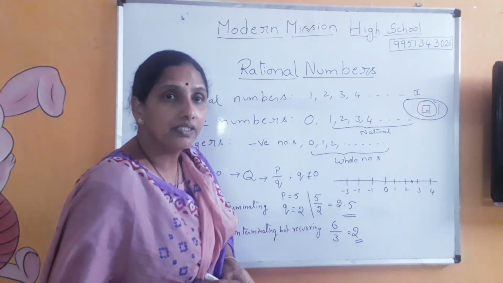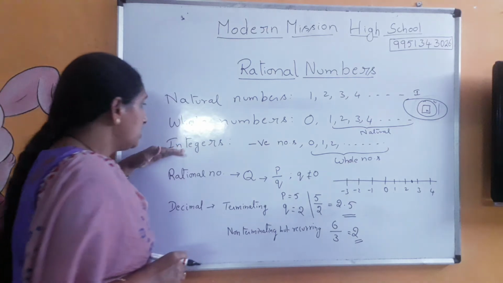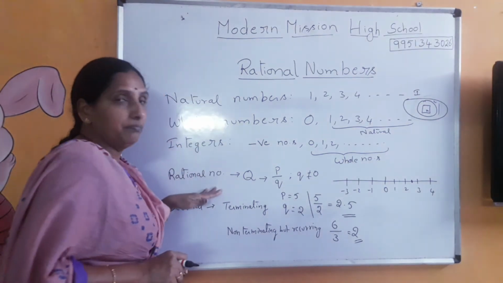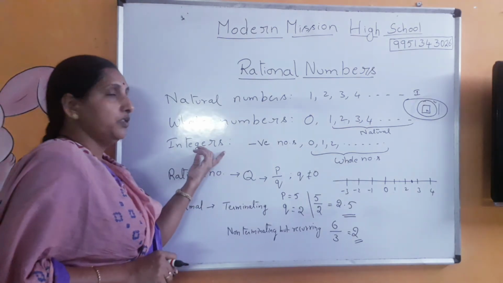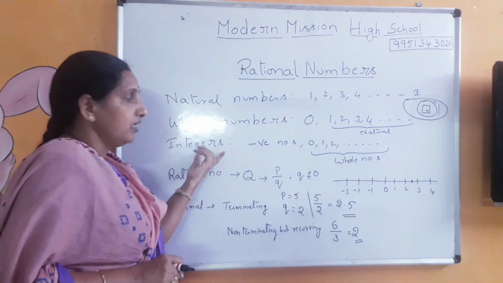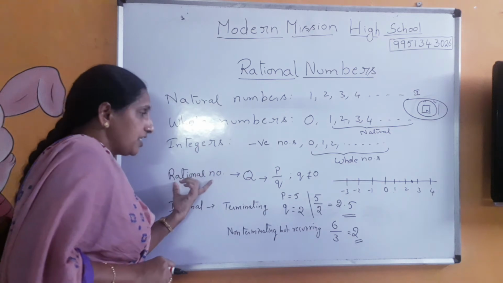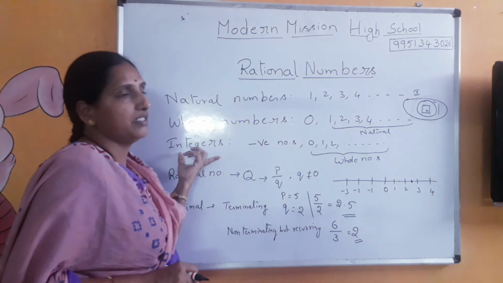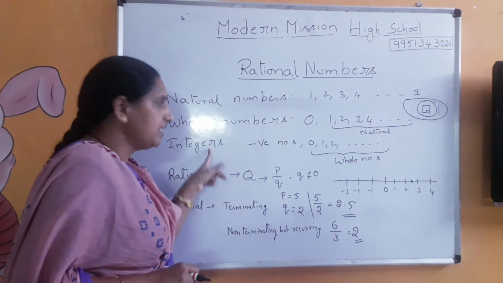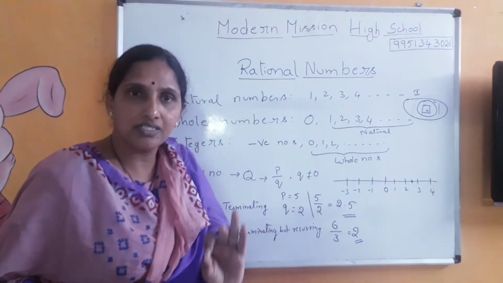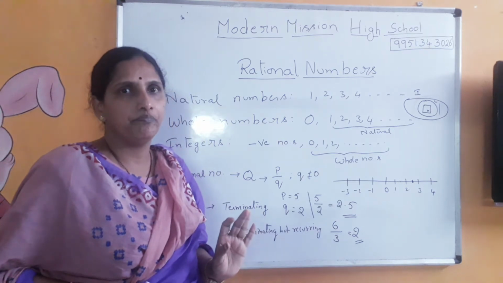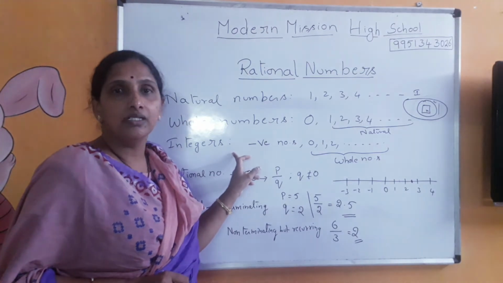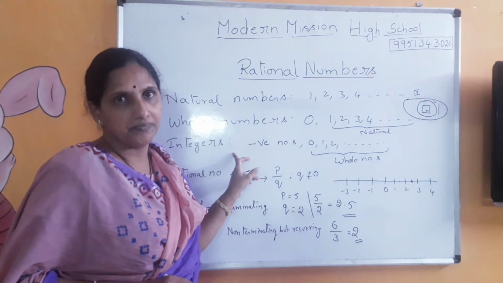So what is happening here? We can't stop only at integers. There are other sets of numbers which do not fall into integers, but rational numbers comprise integers.